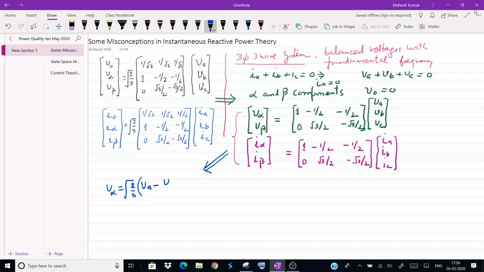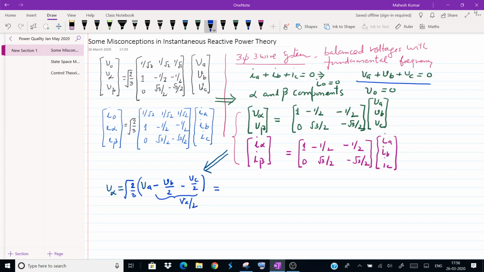minus VB by 2 minus VC by 2. As you know, the sum of three voltages is equal to 0, from this equation, which implies that minus VB by 2 minus VC by 2 is nothing but VA by 2. So this becomes VA by 2, the time functions.